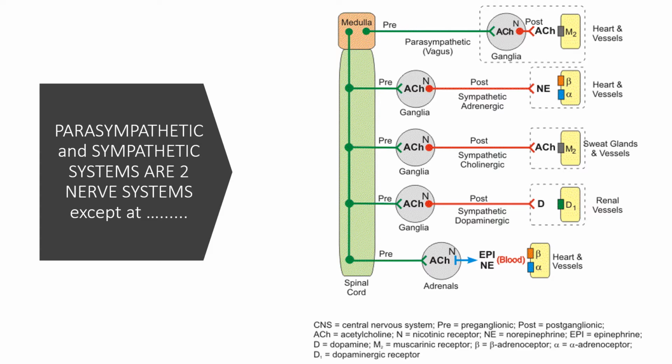And we don't really use drugs at this synapse, at the ganglion. It has way too many side effects, and you can see that it would stimulate the parasympathetic and the sympathetic at the same time. So we don't typically use drugs. We use drugs between the second nerve, the postganglionic nerve, and the organ. Okay, that's typically where you'll see drugs having their effect.